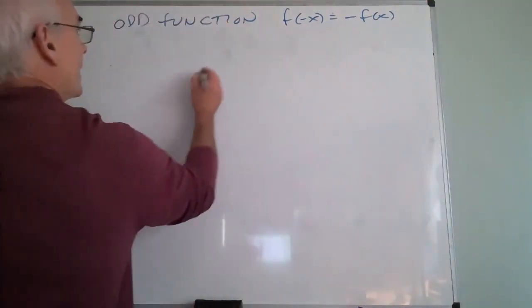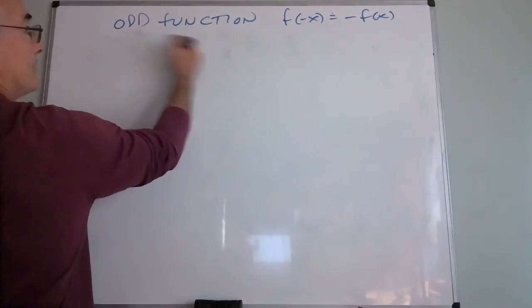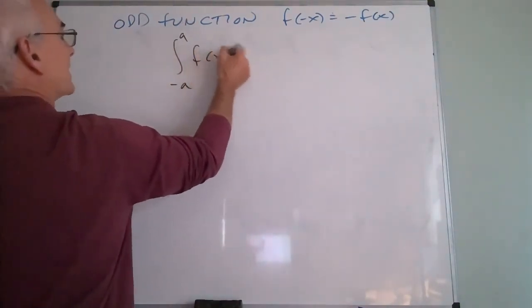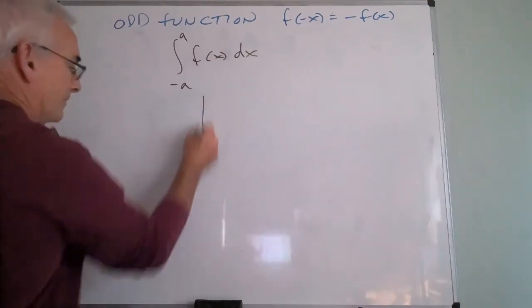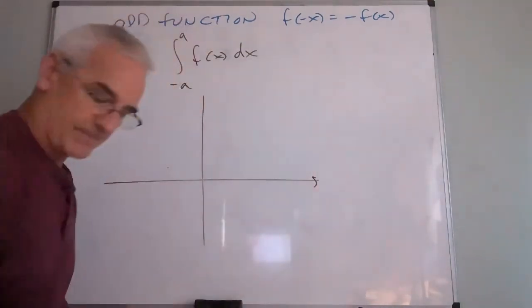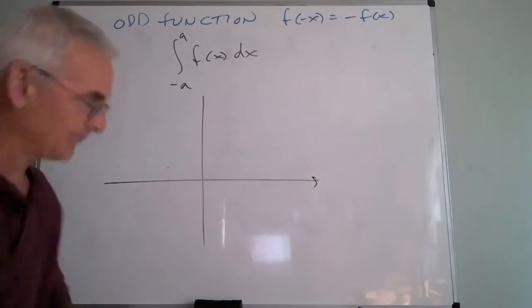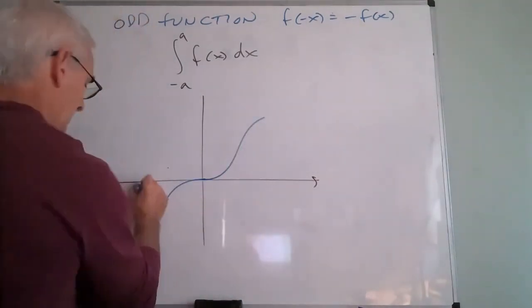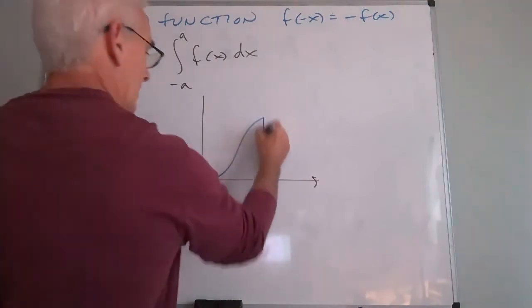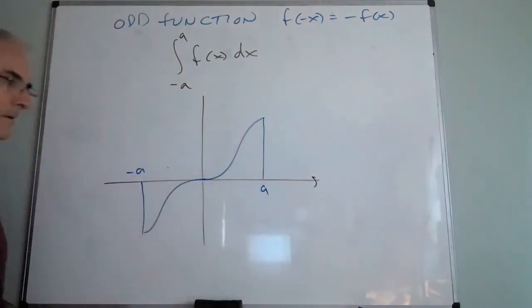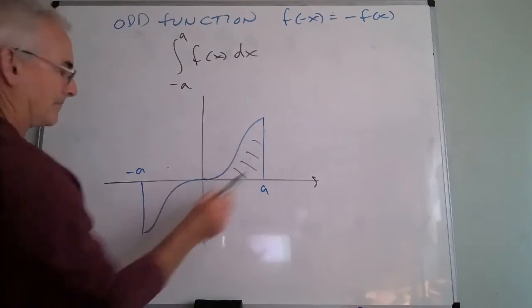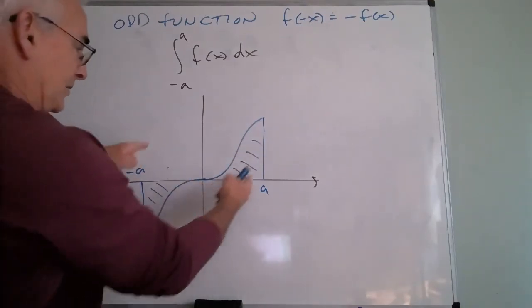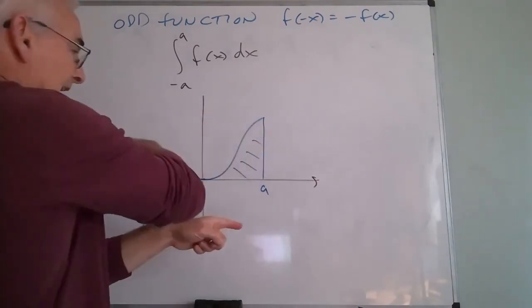So now f is odd, okay? And I want to do the integral from negative a to a of f of x dx. And f is an odd function. Because when I rotate it, it looks exactly the same.